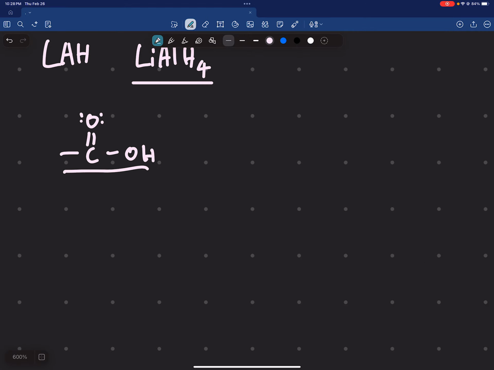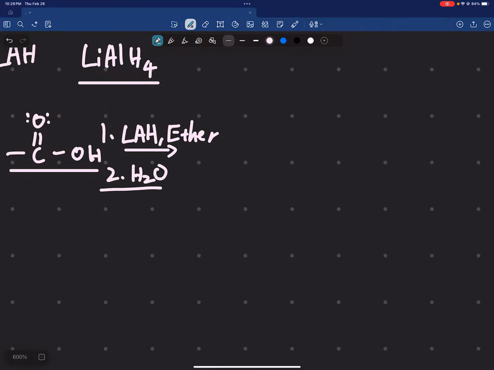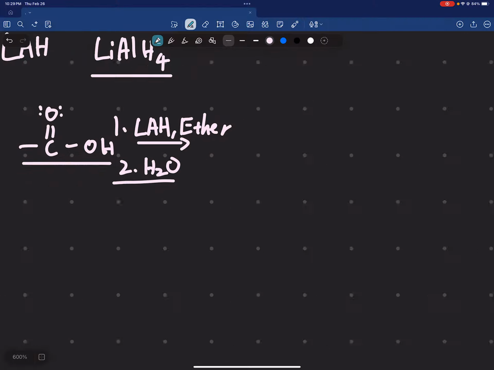If we had this compound here, and we were to add this to LAH in ether and quench it with water, make sure to separate the steps because you do not want to mix LAH with water. That will not be great.